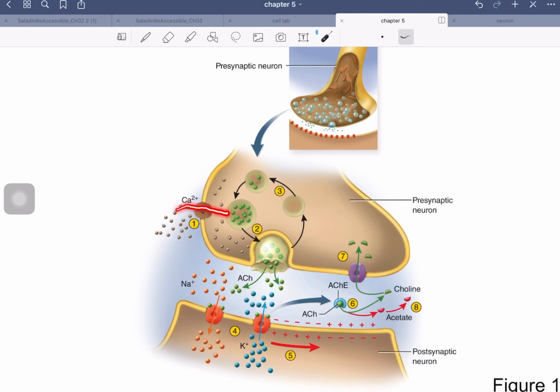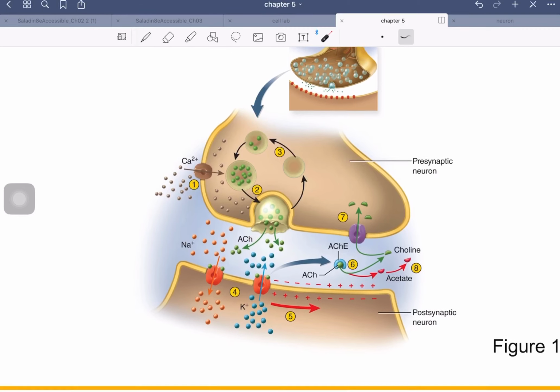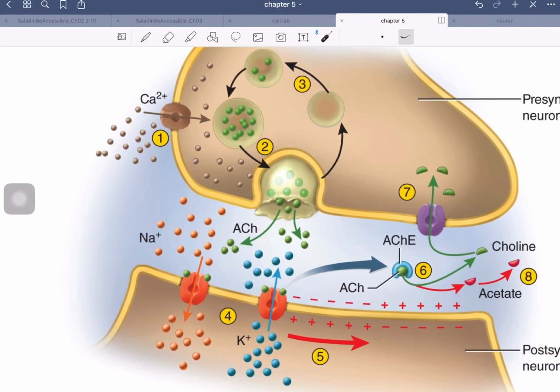Calcium will rush in, and the role of calcium, through a number of steps, is to get the vesicle to fuse with the cell membrane, and then I get a release of the ACh. As the ACh is released, it's going to bind onto an appropriate ligand receptor. Let's say in this case it's a sodium channel, and sodium will rush in, leading potentially to a depolarization.